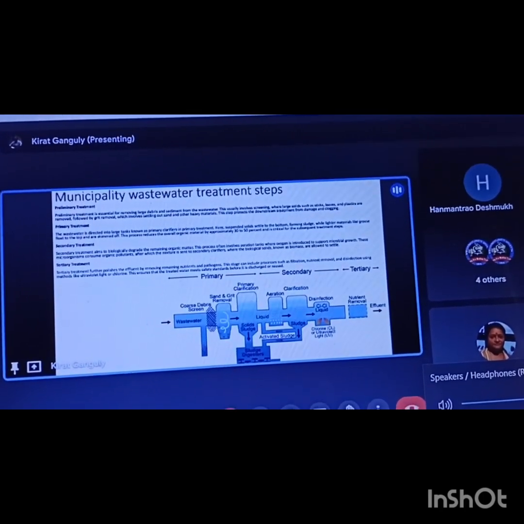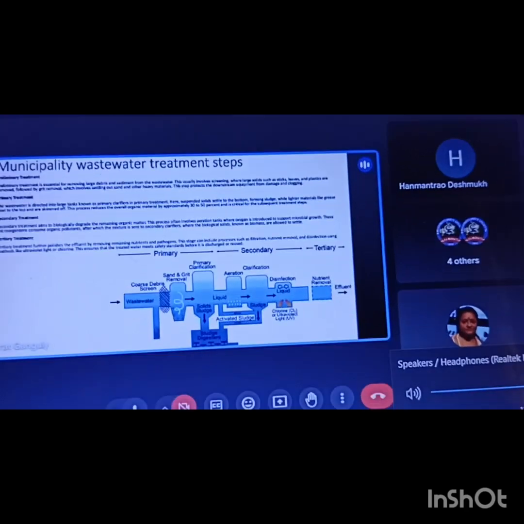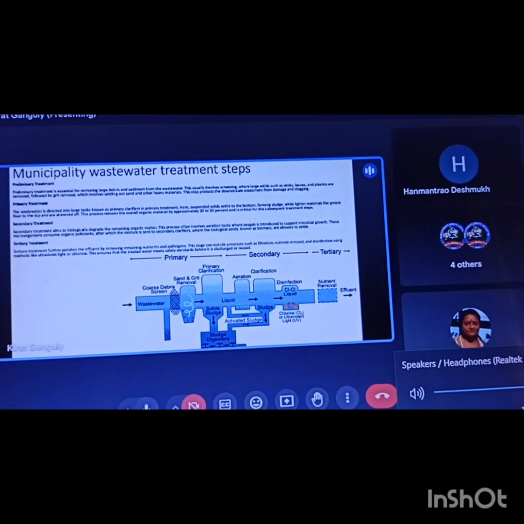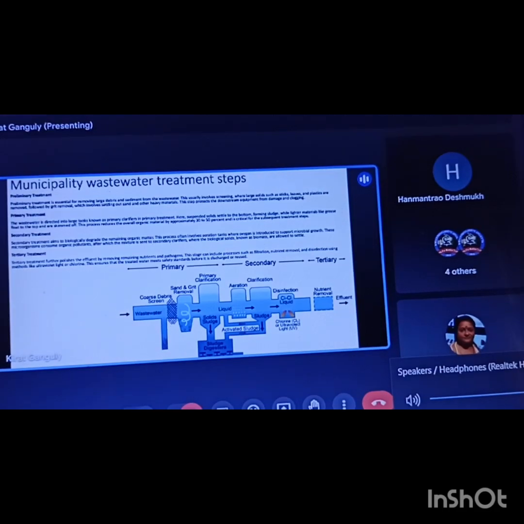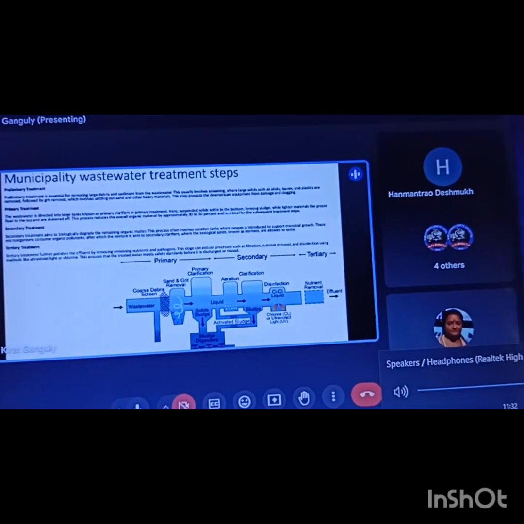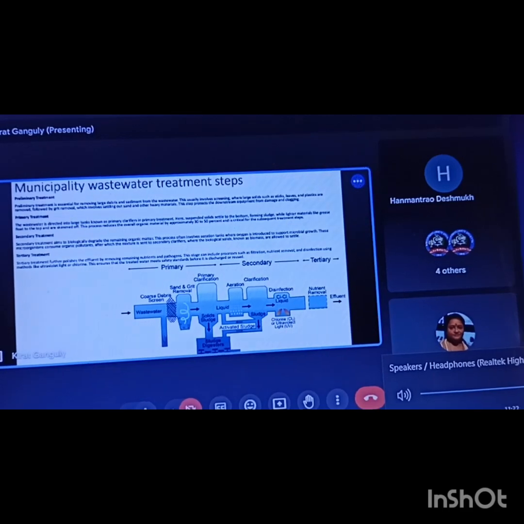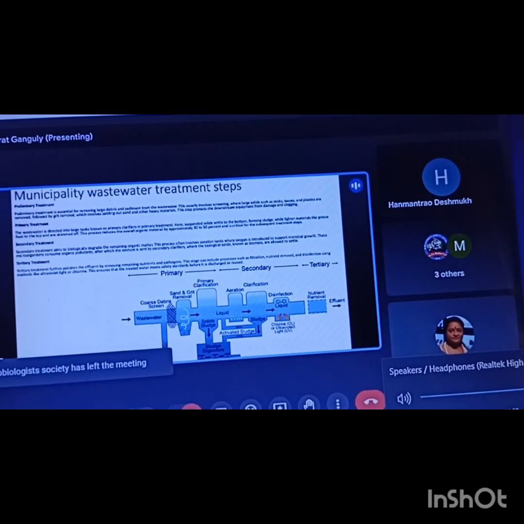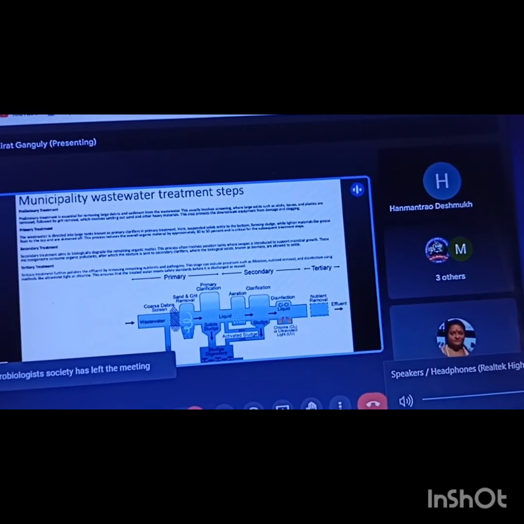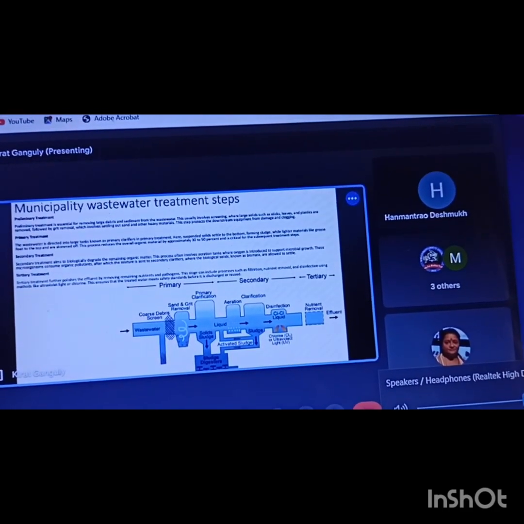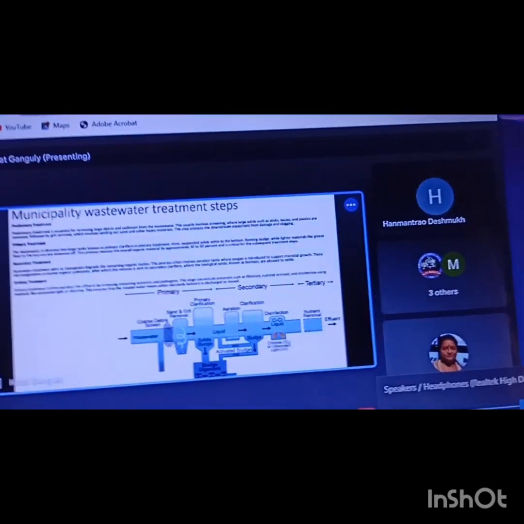So there is a treatment. This is the procedure, which I think all of you know better than me. Our intention is to add bacteria very near to the disinfection, maybe after clarification, before the disinfection, because after the disinfection, if we add those bacteria, they may remain as contaminant.